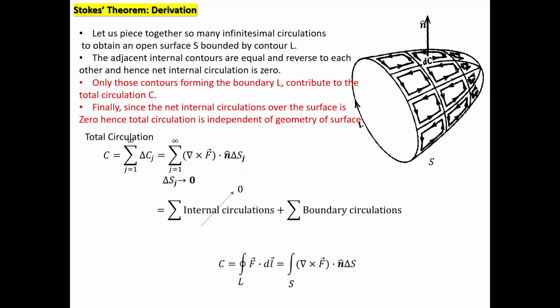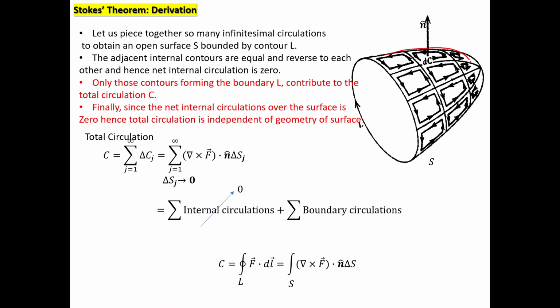Only those small surfaces that are present over the boundary, that are forming the boundary of the surface, were contributing to the net outward flux. The same case here, only those circulations that are present at the boundary contribute to the total circulation C.